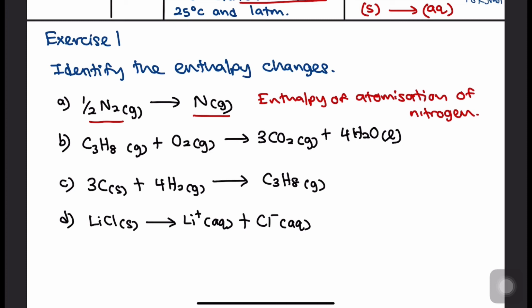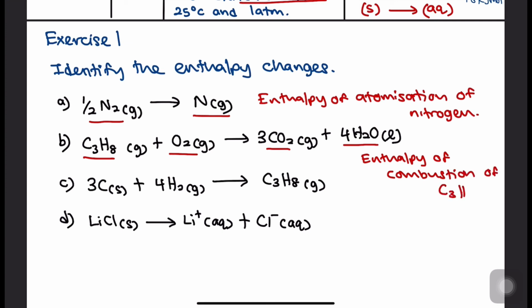For equation B, it is pretty clear that combustion is happening since the carbon compound is reacted with oxygen to produce carbon dioxide and water. So it would be the enthalpy of combustion of C3H8. Next, 3 mole of carbon solid is reacting with 4 mole of hydrogen gas to form 1 mole of C3H8.